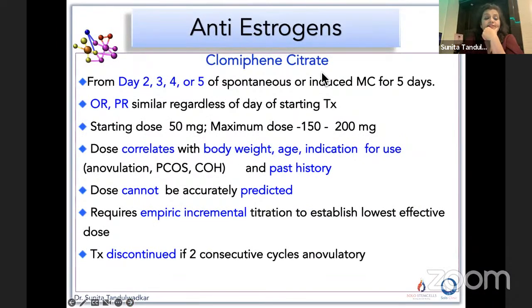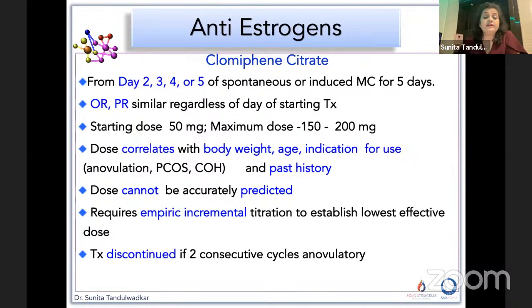First, clomiphene citrate. You can start on day 2 and give it for 5 days, and you start the follicular monitoring usually from day 7 or day 8. There is no harm. Sometimes there can be a little exaggerated response, and the patient can reach 16 mm on day 9 only. So the first sonography you can do is as early as day 8.